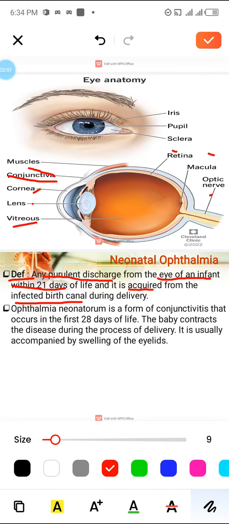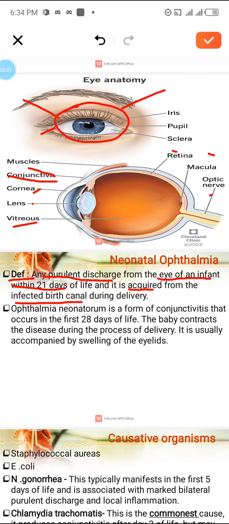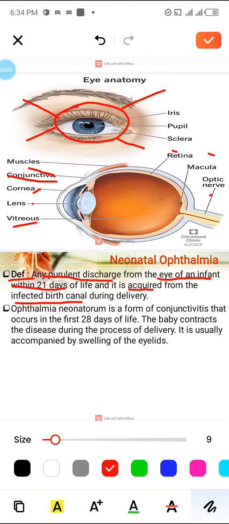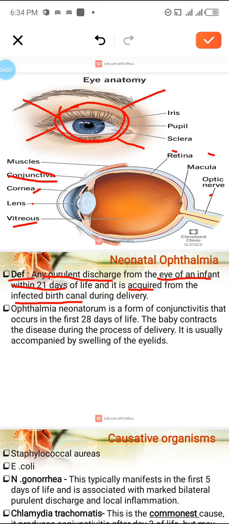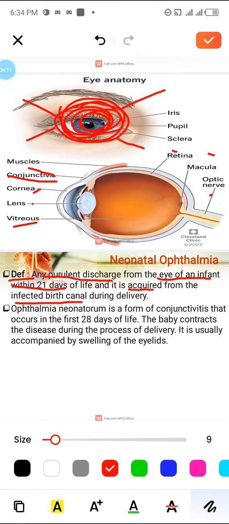That's how they acquire it. That's why we need to look at the eyes, which sweep through the birth canal and get the infection like that. That's what we need to know.